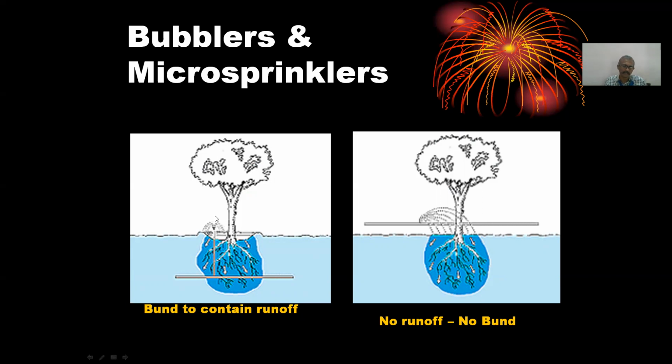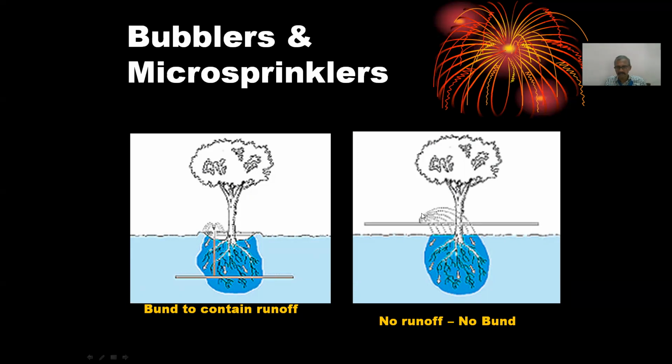With the bubblers, a single stream comes out for a tree, and since the discharge rate is higher than the infiltration rate, there is a possibility of runoff going out. So in order to prevent that, usually bunds are constructed around the tree, and this is one of the most adopted practices for tree crops with bubblers.